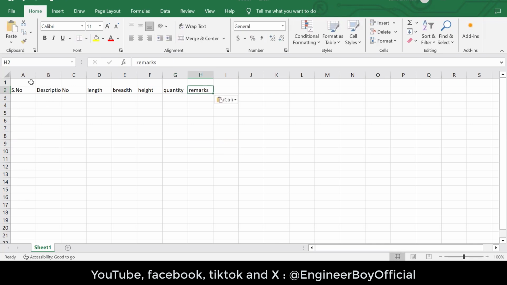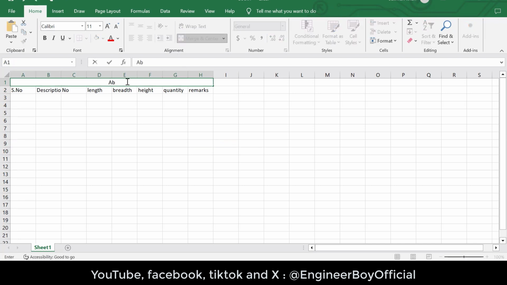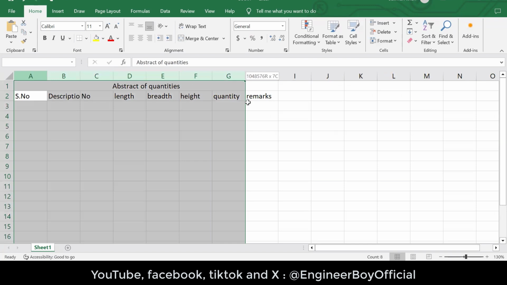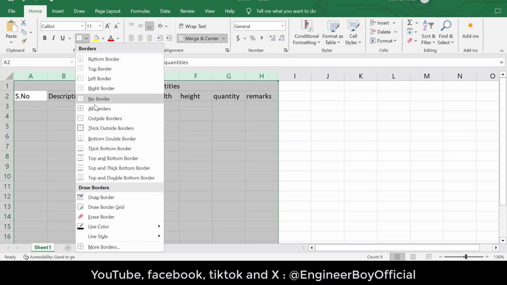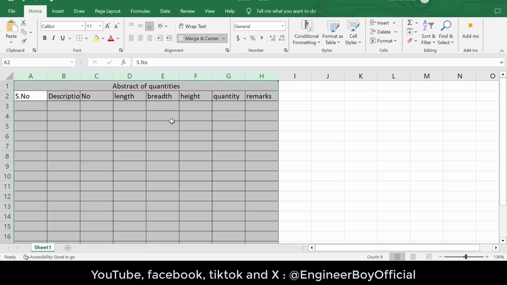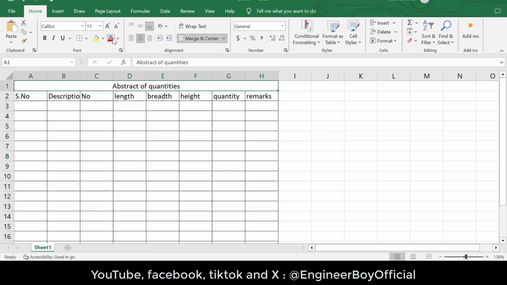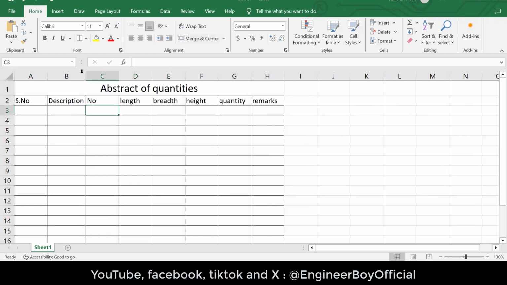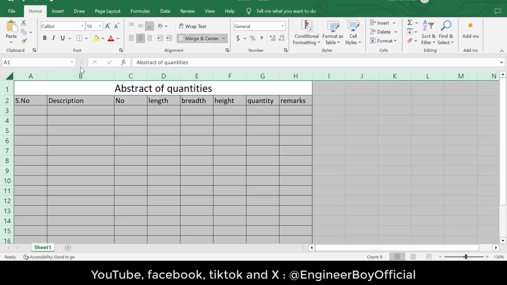Now this is the table which I'm going to call the abstract of quantities. It's your choice if you want to give it some styles and coloring, maybe shades, etc. I'm not going to do that because the video can get longer, which I do not want. However, you can adjust the column widths and some other stuff.